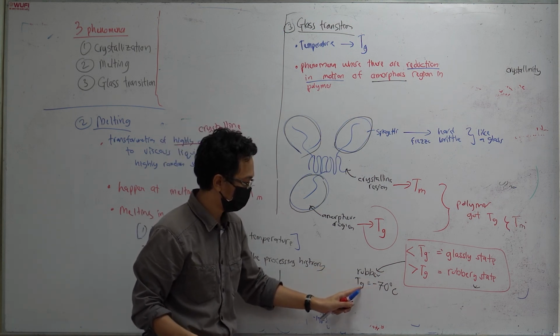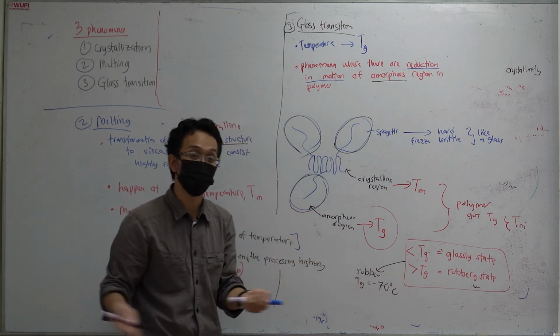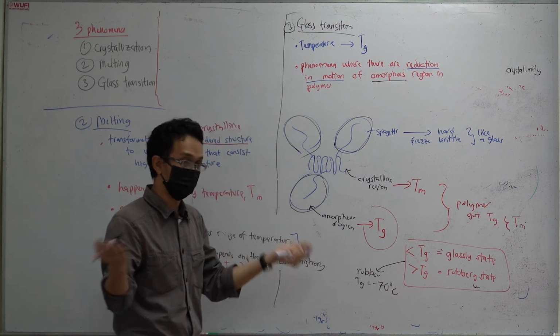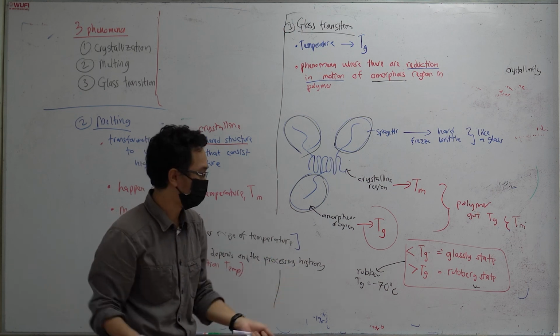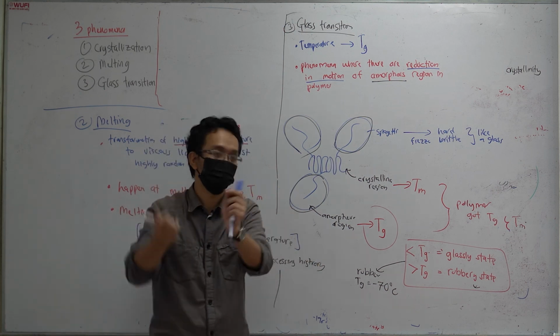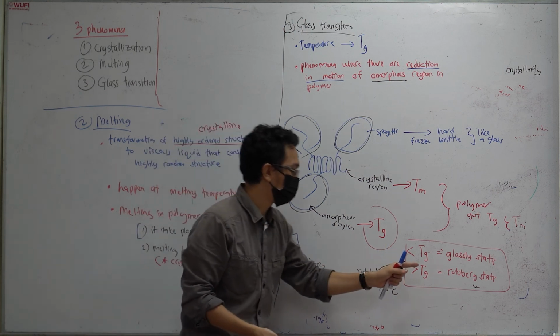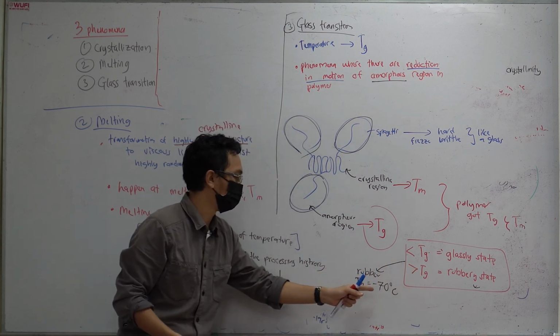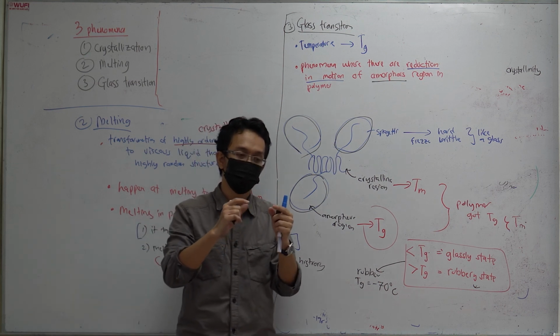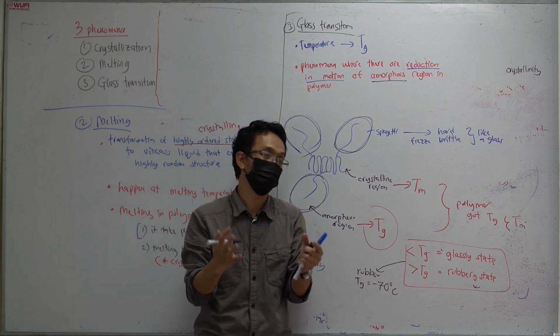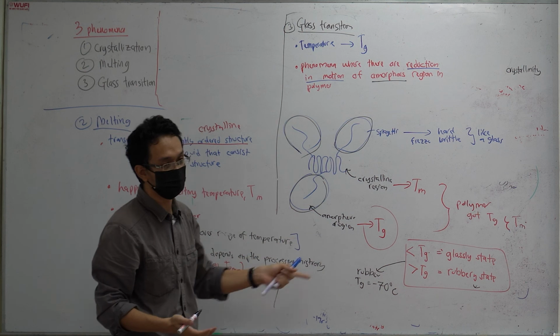Above TG, at normal ambient temperature, like 25 Celsius, if you have a tire or rubber, you can see it's rubbery. But if you cool the rubber down to less than -70, the rubber becomes like a glass, hardened like glass. So that's what it means by TG.